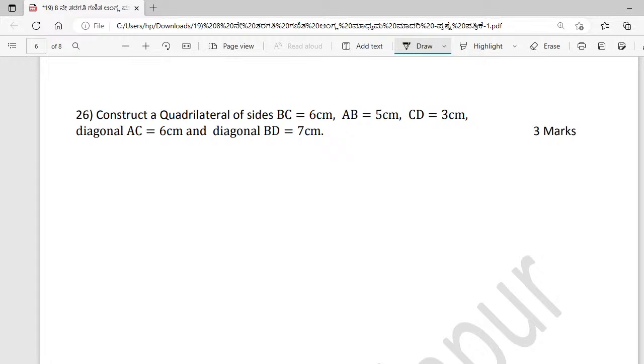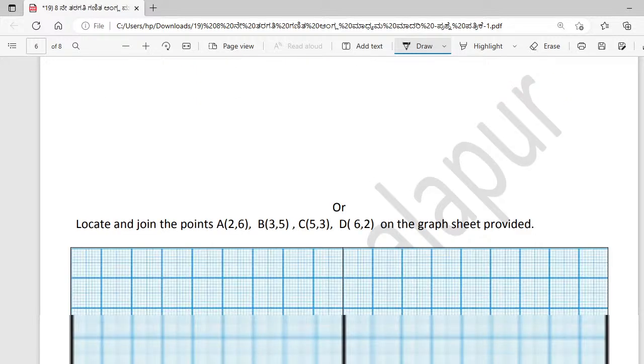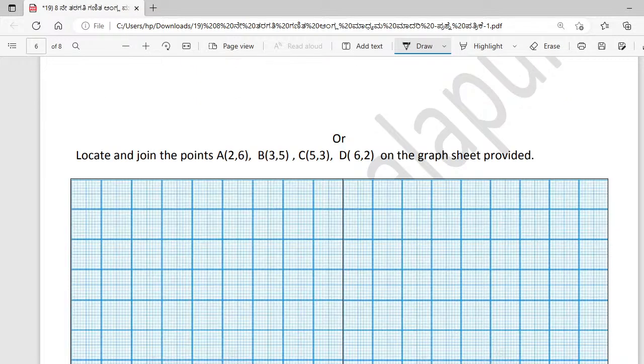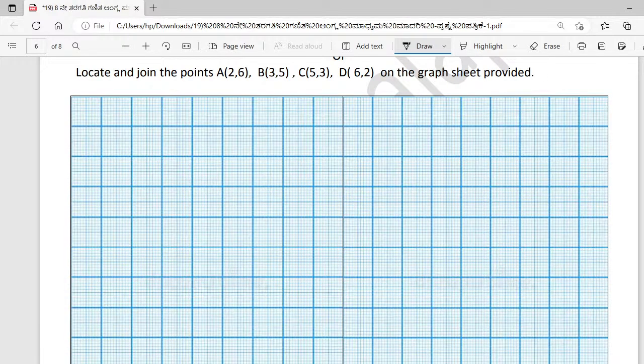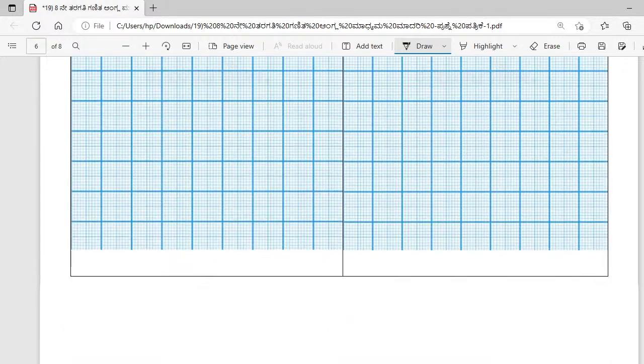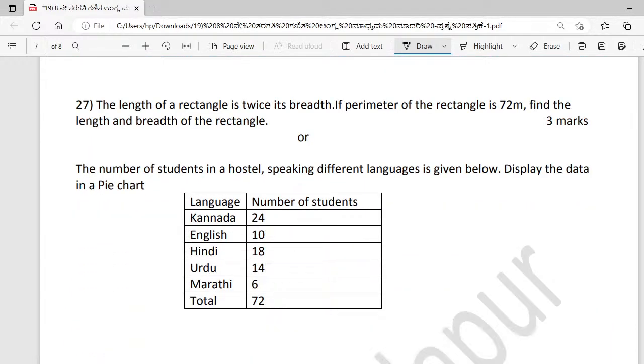For the construction and graph problems, we shall make some other video, or do it in our class. So for now we shall skip the 26th question, and the 27th one is also similar, which we need to do in our graph sheet. So we shall skip these two questions for now.